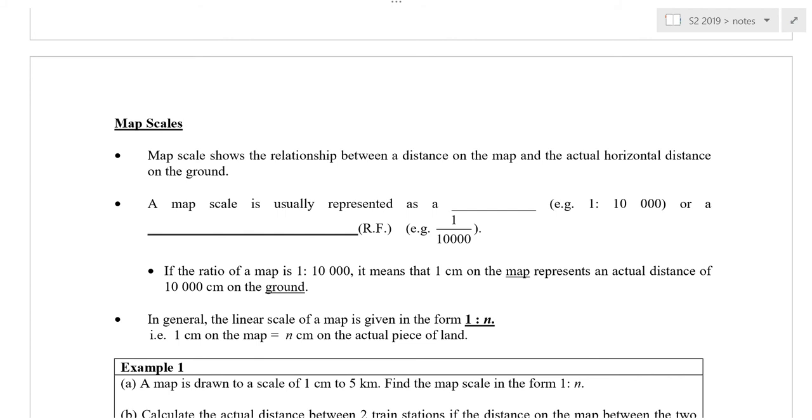I'll ask someone to present. Aloysius, what's the answer for the second blank?